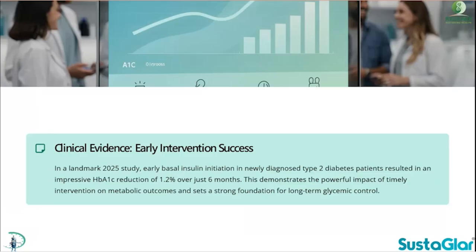The clinical evidence also shows that early intervention can lead to success in the management of diabetes. A landmark 2025 study of early insulin therapy showed an impressive A1C response of up to 1.2% over 6 months, demonstrating the powerful impact of timely intervention on metabolic outcomes and setting a strong foundation for long-term glycemic control.